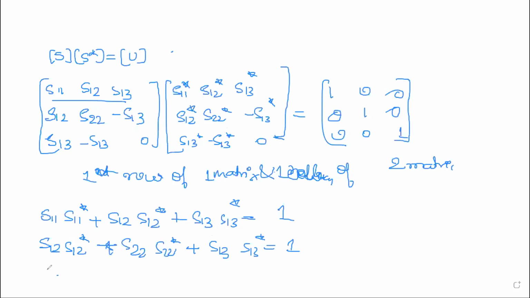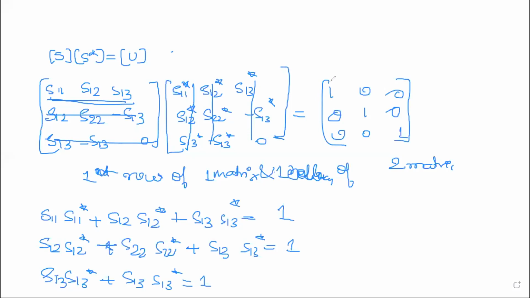Again, the last equation you have S13, S13 star plus S13, S13 star is equal to 1. Consider the first row and first column. Similarly, this row, this column, this row, and this column equate to these 3 ones. Any confusions?